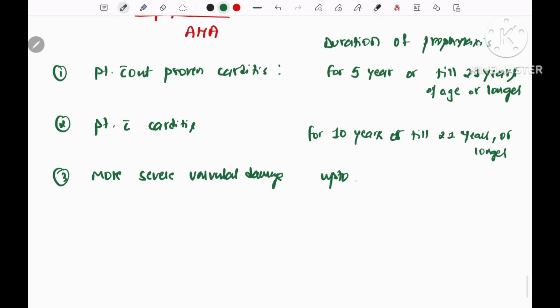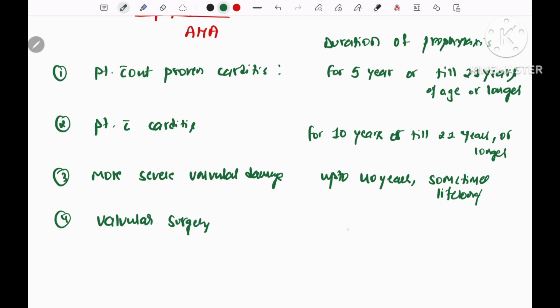But in some cases, sometimes lifelong. And the fourth condition is if the patient has undergone valvular surgery, then this prophylaxis should be given lifelong.